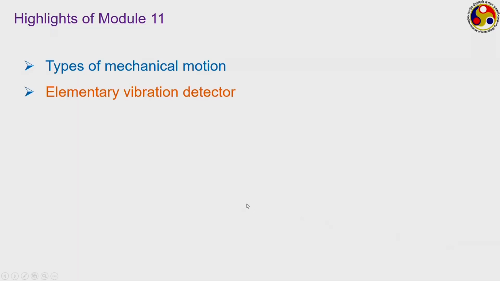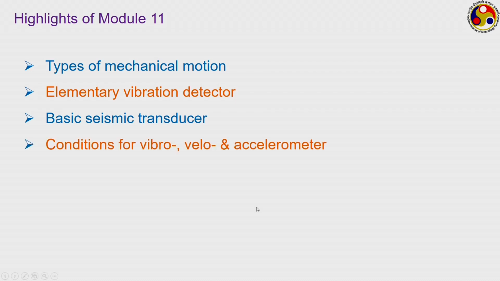Here we have talked about the different kinds of mechanical motion, then elementary vibration detectors in the form of wedges, etc. Then we talked about the basic seismic transducer, the mass spring damper assembly, and we did the mathematical analysis. From there we identified the conditions for the system to act as a vibrometer, velometer or accelerometer.